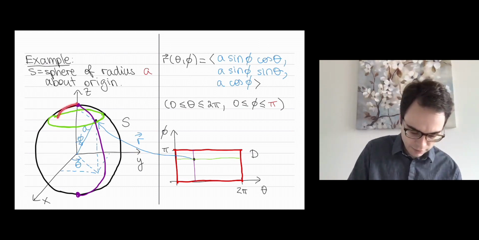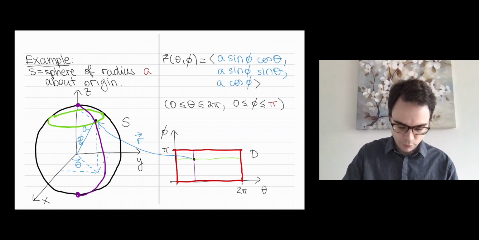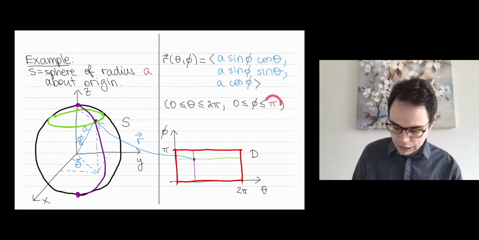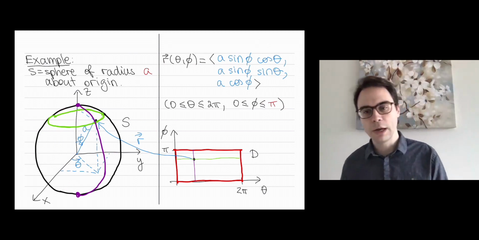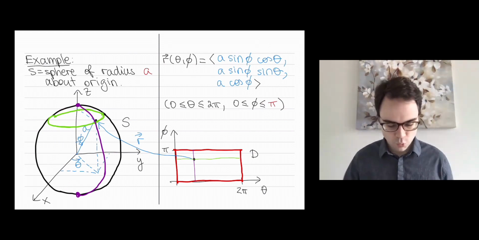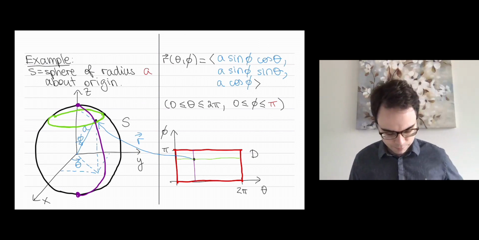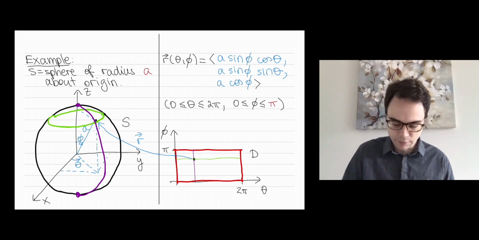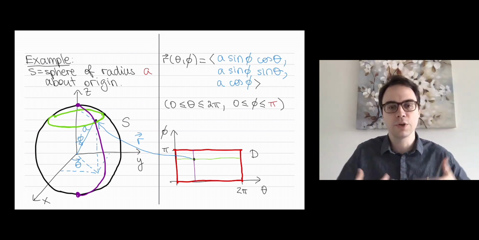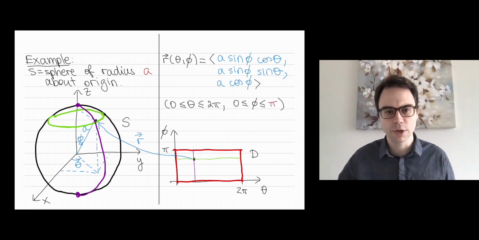But if I were using the full range for phi, if I went all the way to 2 pi, then I would be covering the whole sphere twice. So that's something I want to avoid.